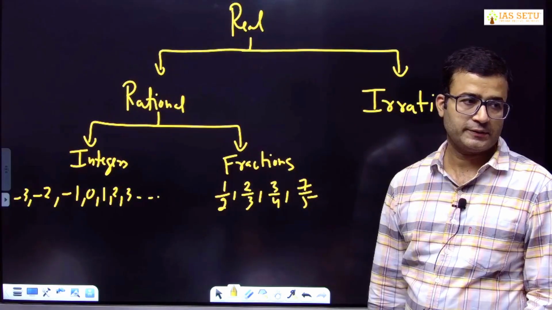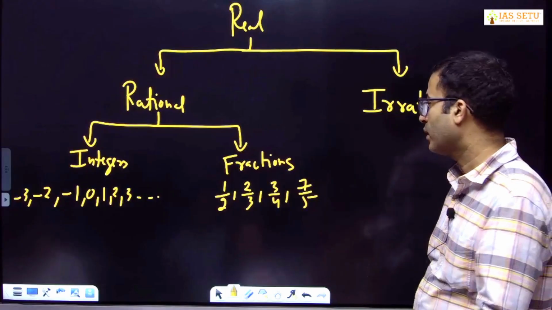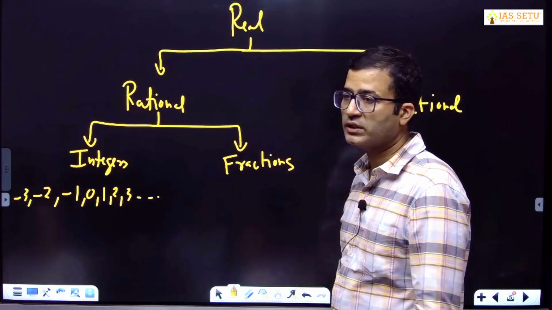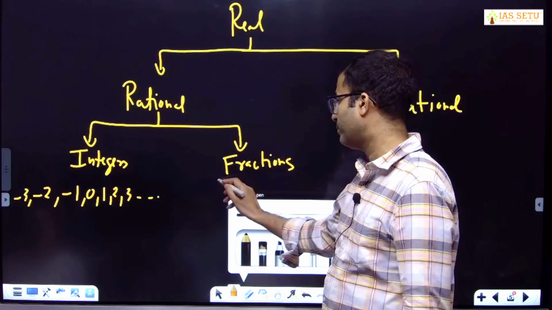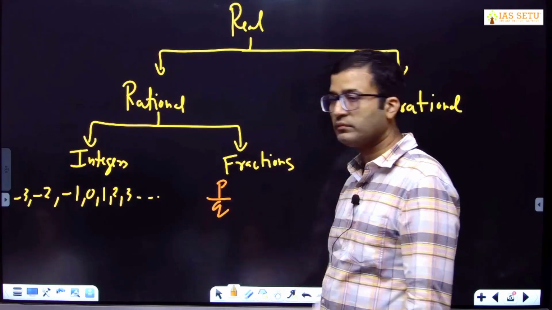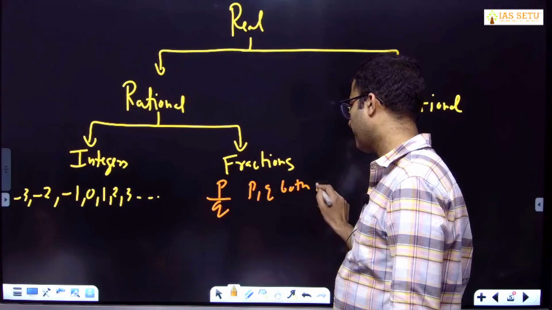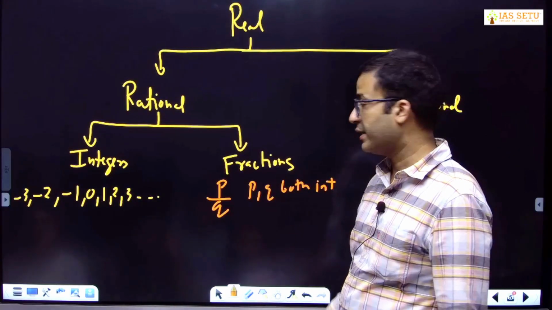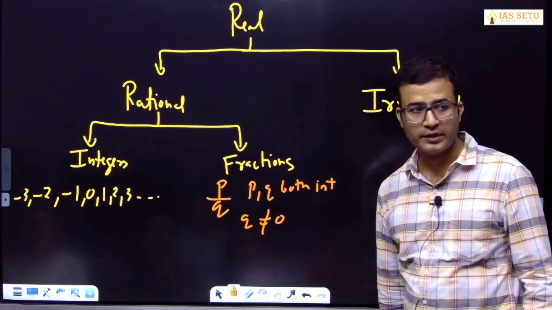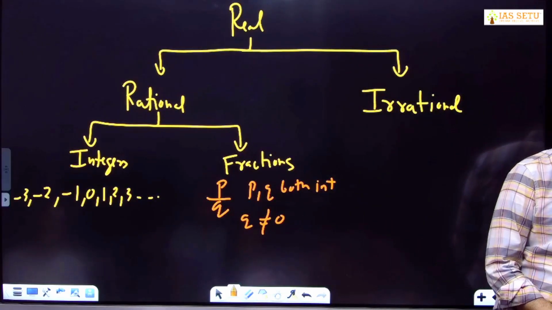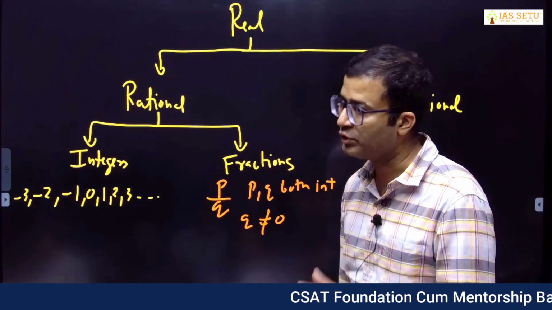These are fractions. I tell you one concept here. Okay? Now, let me tell you what is the definition of fractions. Fractions can be expressed in the form of P by Q, where P and Q both integers and Q is not equal to 0.